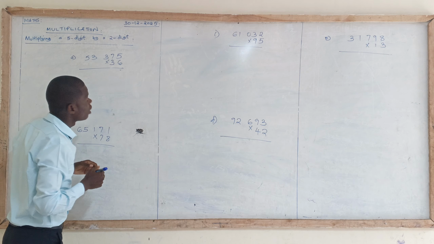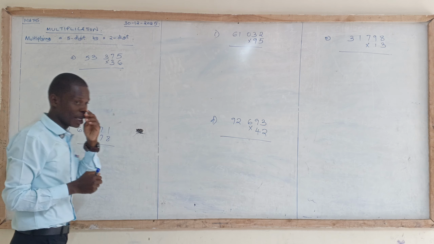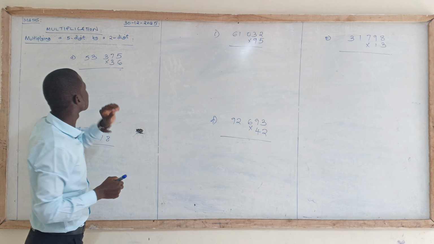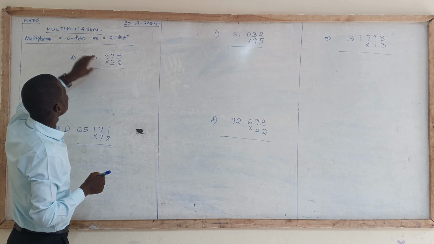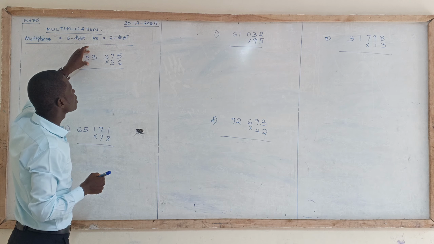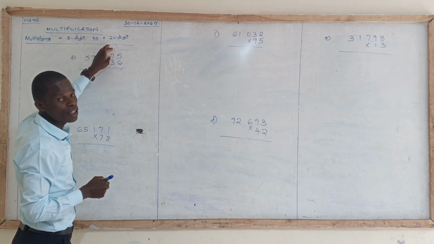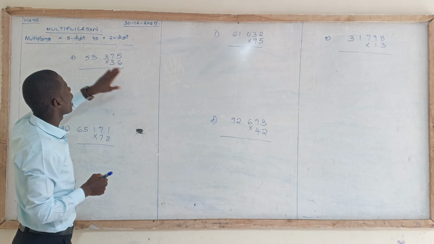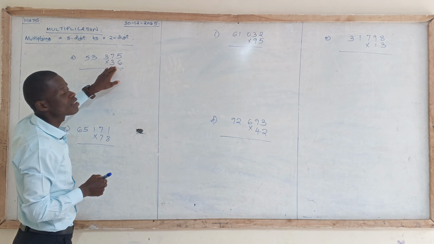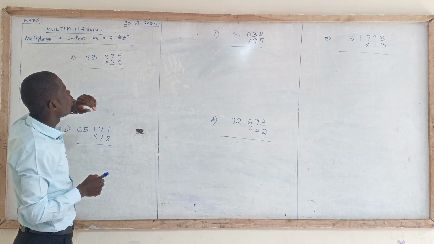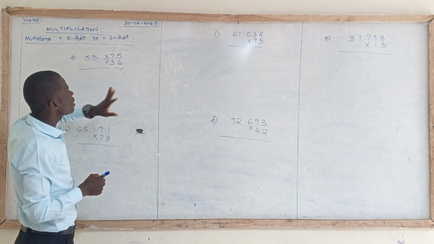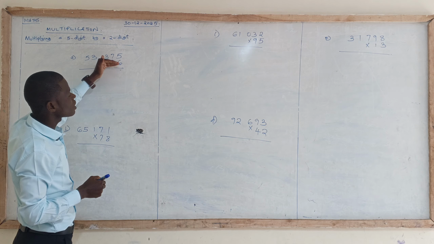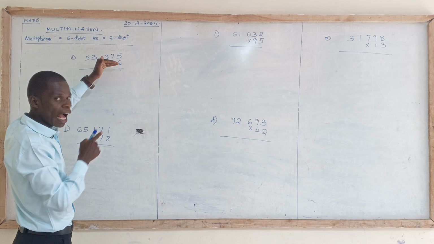Somebody's asking, you have not understood. No problem. I'm saying we have a five-digit number, which is 53,375. We are multiplying by a two-digit number, which is 36. So, what are we going to do? The first step, remember we have 36 here: 30 and 6.